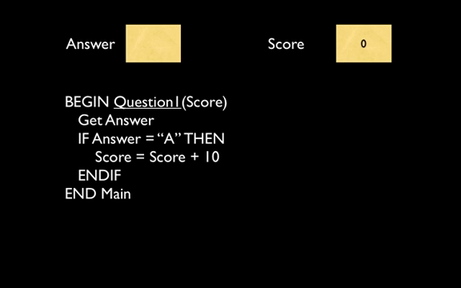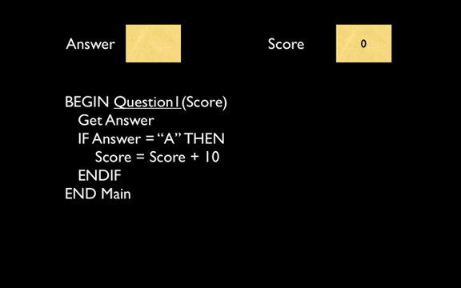So every time we run question 1, answer always gets reset back to null. But on the other hand, score is a parameter. It's being passed, so it is initialized now as 0. There's a big difference between null, which is what answer is, where there's nothing there, and 0. Do not get those two things confused. They are very different. So we've got a binary selection statement.